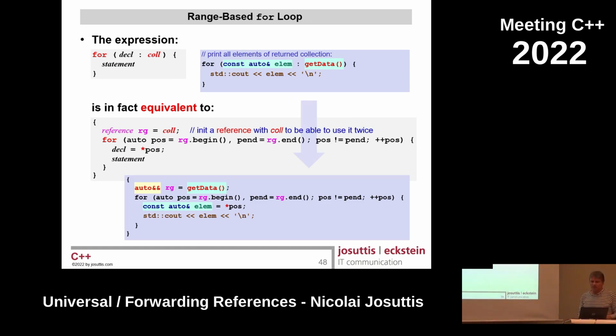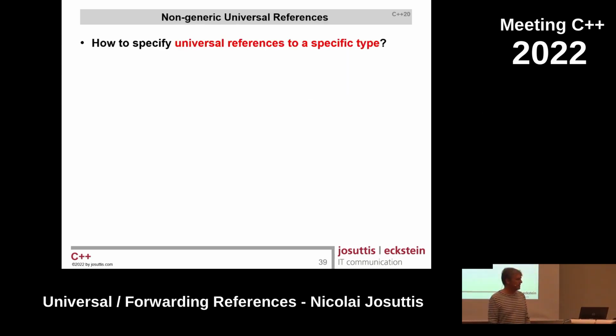There are a couple of things that really create more trouble than what I just told you. So one thing we have is, how do I specify a universal reference to a specific type? Which means the problem with the universal reference is that it's generic.